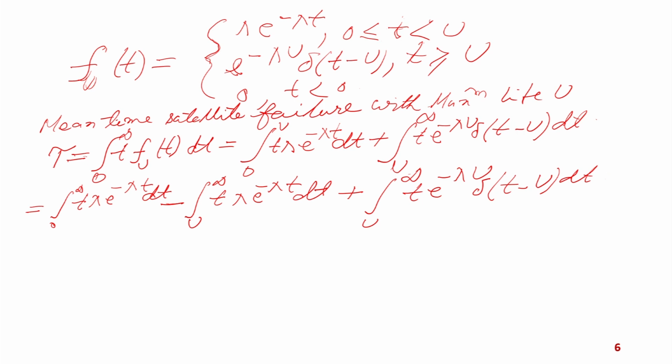Okay. So, what is this? This is nothing but the mean time to failure, capital T, and this I can write, as we have done previously, by integration by parts. The first part is t, and the integral of the second part is minus e to the power minus lambda t, and we will put the limit u to infinity.